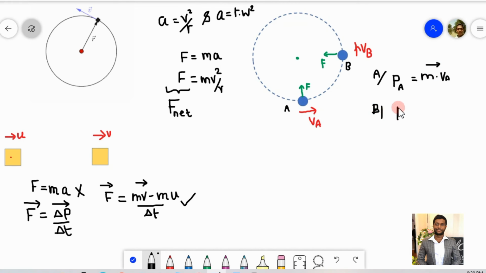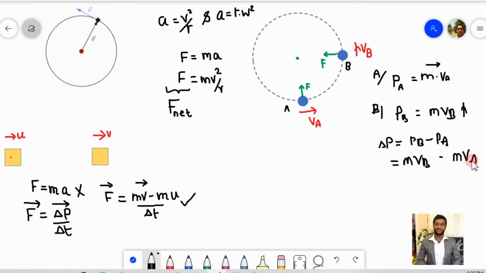So I am applying it now to point B. PB is equal to m times VB. Let's take the difference now. PB minus PA, m times VB minus m times VA.